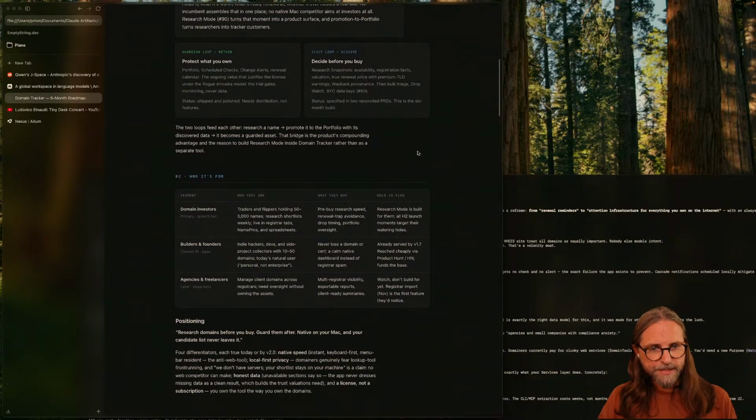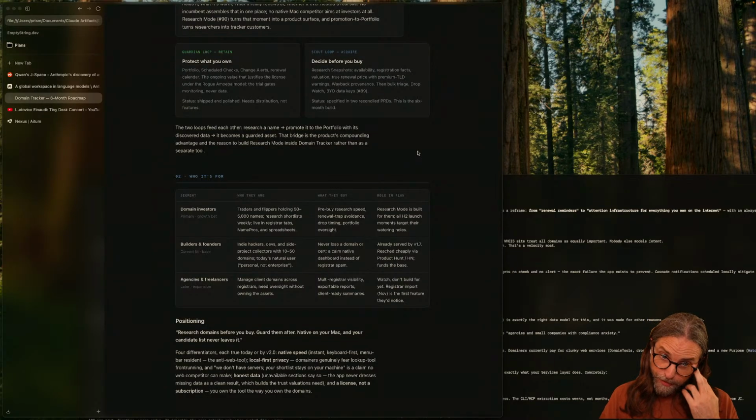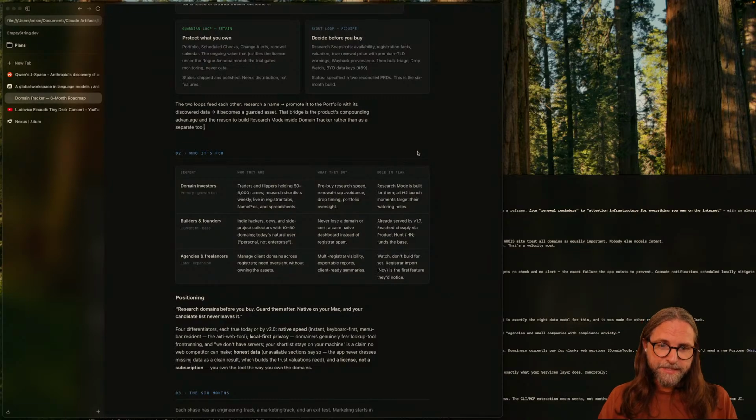And then obviously realised that people who buy and sell domains are probably a good market for something like that, if it had the right features and a bit of server integration for monitoring outside of when the app's running. But that's just me adding new features to something that isn't even released and that no one uses, so no more building, only selling. Well, I don't know how to sell, so I'm just going to sit here and drink coffee instead.